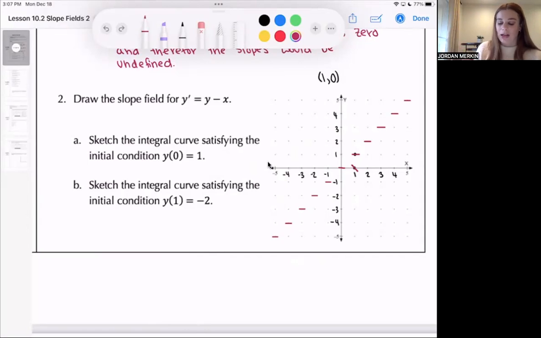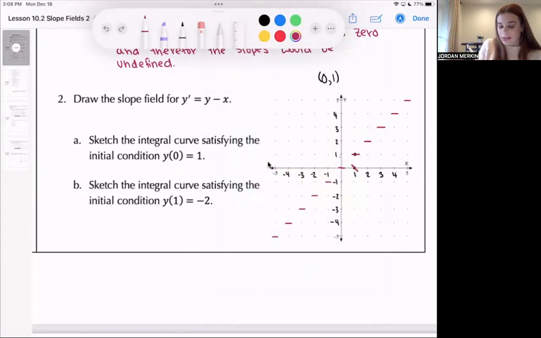We can maybe pick a couple more to do together. So if I instead did 0, 1, right? We get 1 minus 0, which is a slope of 1. And so you can just keep plugging more in if you feel the need to. See how that's increasing now instead of decreasing.